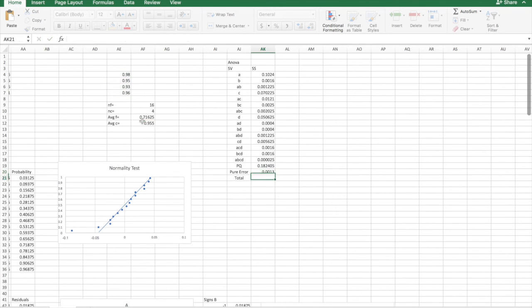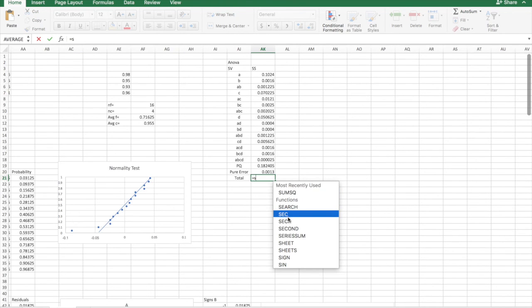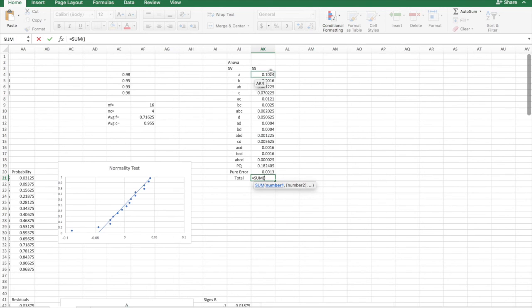So each one, and then the total is just the sum of all these.